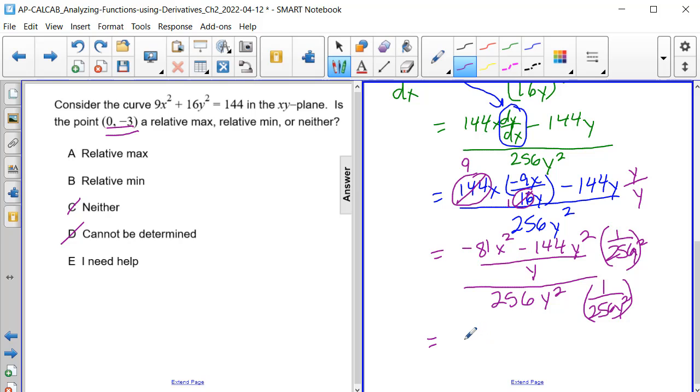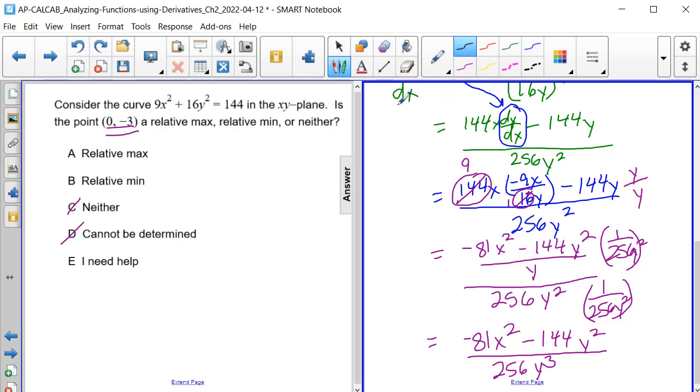And we'll end up getting negative 81x squared minus 144y squared, all divided by 256y to the third.